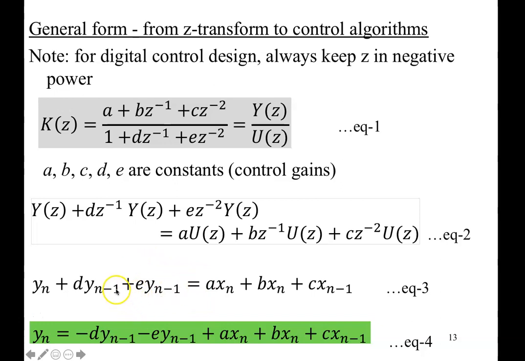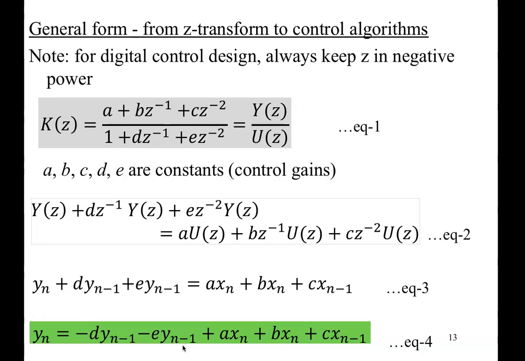Reorganize that equation, because z^-1 and z^-2 are easier to deal with, because this will just become y[n-1], this will become y[n-2], this will become u[n-1], this will become u[n-2]. Every single z to the power minus 1 represents a delay. So once you get here, you reorganize it, you leave the current output y[n] on the left-hand side, and move everything else onto the right-hand side. Then you have a form that you can use to write your software code.